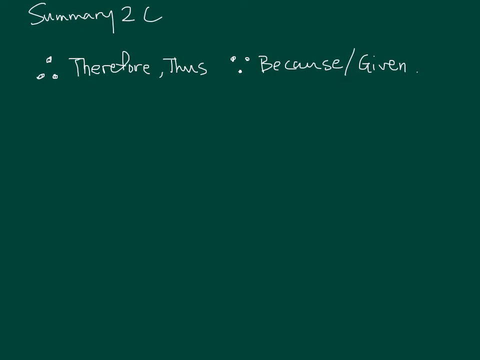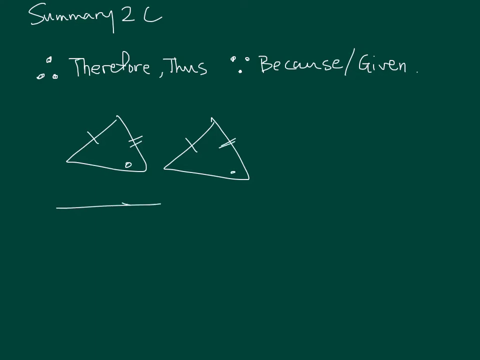And we have learned three different ways to analyze a proof. One is the visual scan, using the tick marks or the parallel lines so that we can see it. Also, we have learned flow charts.